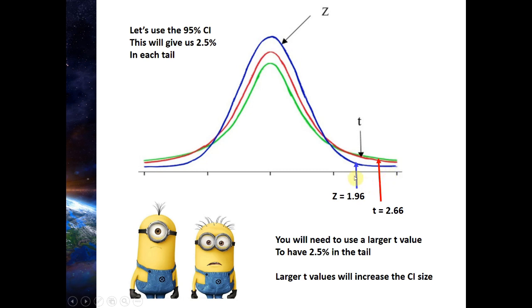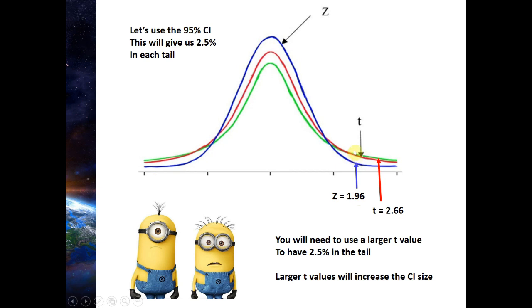So you see how our t-value needs to be a larger number? Because remember, we start with 0 here in the middle of the distribution. And as we go along the x-axis, the numbers are getting bigger and bigger in the positive direction. If we go in this direction, they're getting bigger too, but in the negative direction.